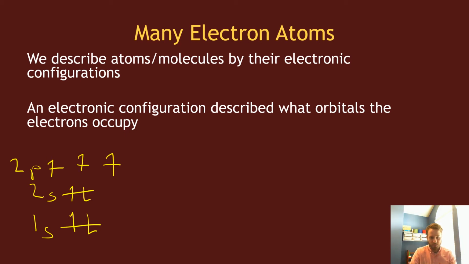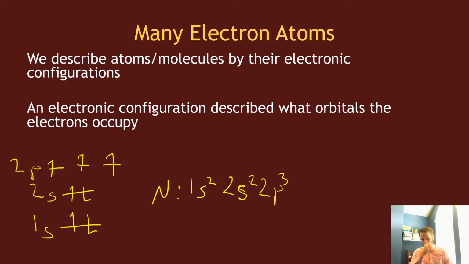This is, say, the electron configuration for 1, 2, 3, 4, 5, 6, 7 electrons, so the nitrogen atom. Another way to write that electron configuration, remember from general chemistry, is 1s2, 2s2, 2p3. This would be the electron configuration for nitrogen.